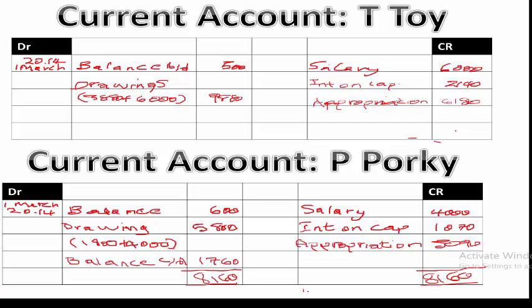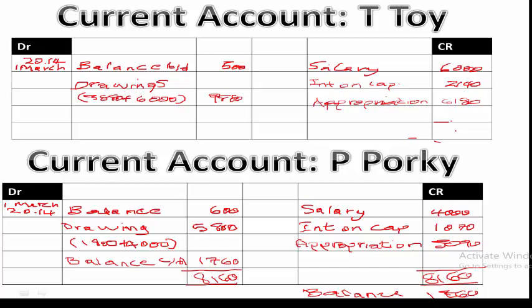And this balance should be brought down, so you'll have your balance brought down. So next, when the year starts, they will have a credit balance of how much? 1,760. Again, excuse my handwriting. So let's carry right along and also look at the top side.